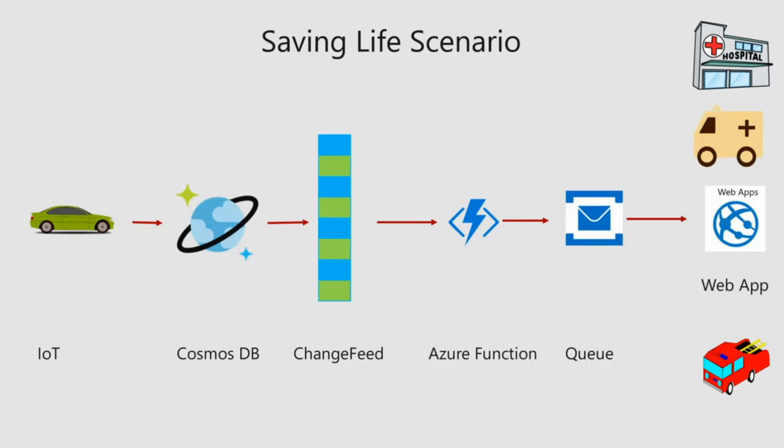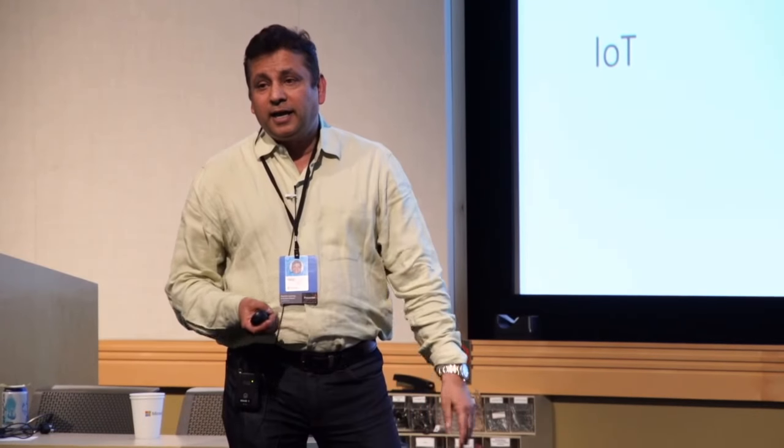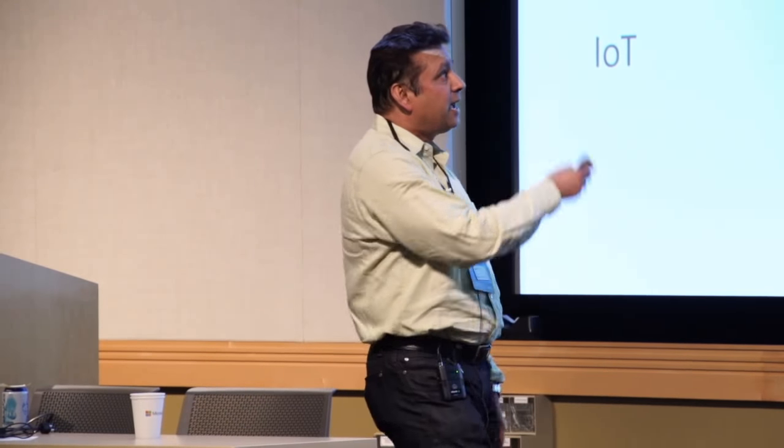Then, processing the change feed in an Azure function, you can figure out what's happening and who to send the notification to. And if an accident happens, you can trigger, within less than 30 seconds, dispatching an ambulance, calling 911, and informing the nearest hospital.